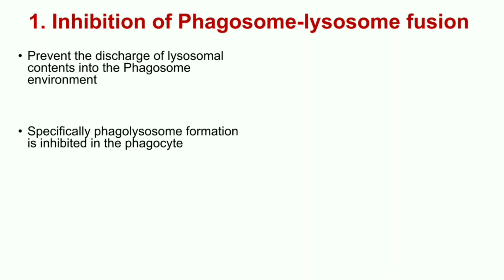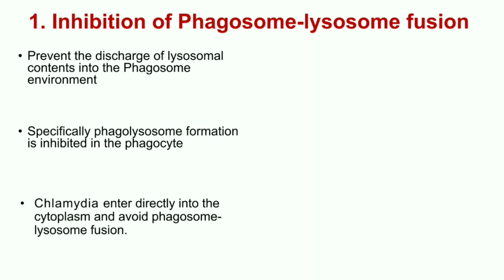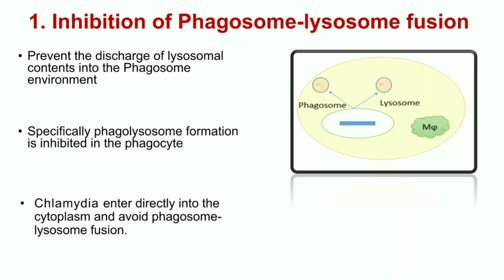Specifically, phagosome formation can also be inhibited inside a particular phagocytic cell. Chlamydia adapts one such strategy by entering directly into the cytoplasm and avoiding the phagolysosome fusion altogether. In this diagram, you can see bacteria secreting certain enzymes which prevent the fusion of phagosome and lysosome.